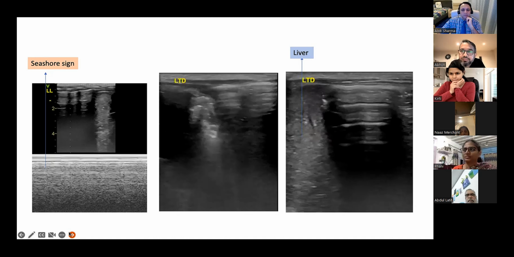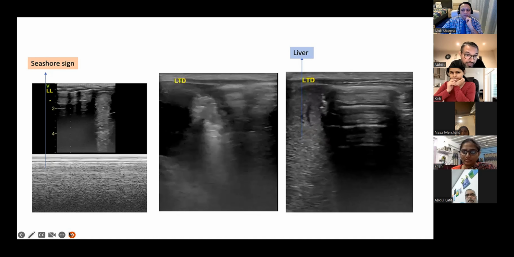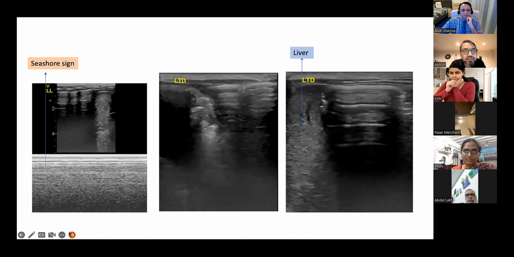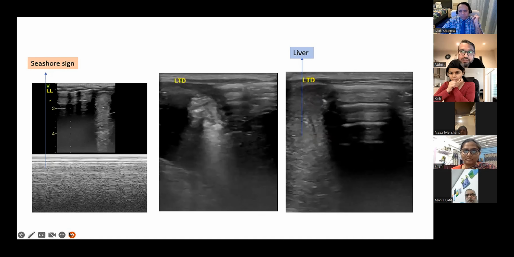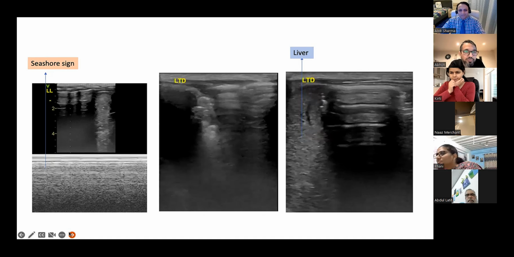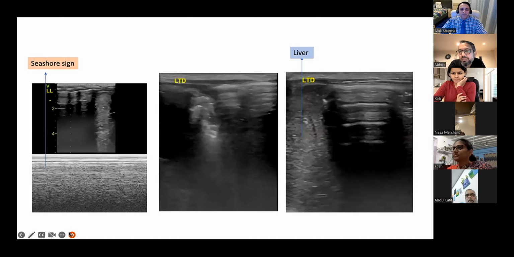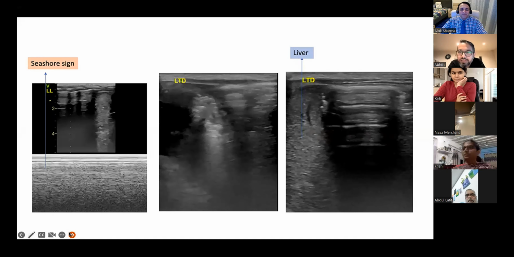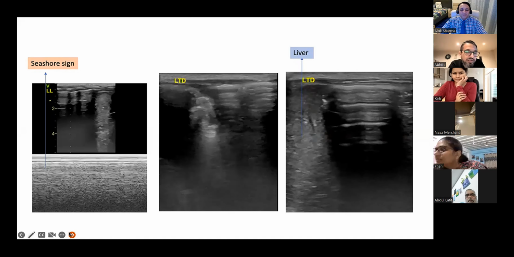You keep your focus at the pleural line. About the seashore sign, yes, it looks like a seashore sign, but I would say it could have been a bit better. But yeah, it's a lovely one.